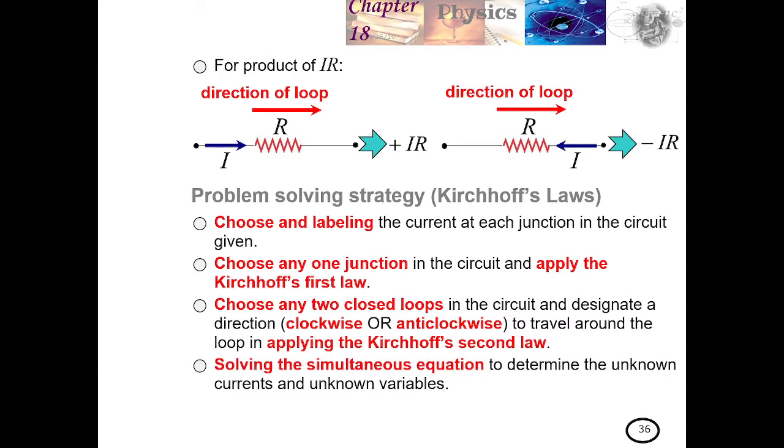Then solve the simultaneous equations. This is the last part, where you determine what is unknown. It can be the values of the currents I1, I2, I3, or it can be the EMF inside the battery.